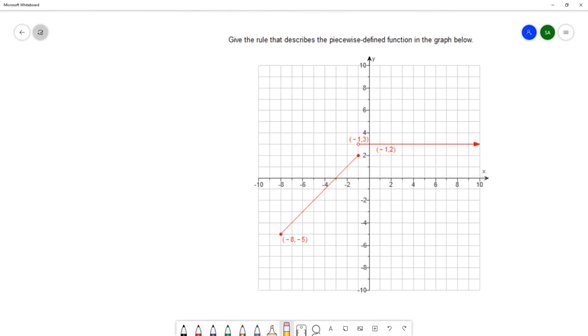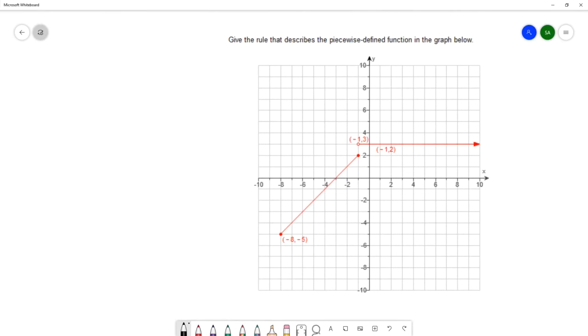On this question, we want to give the rule that describes the piecewise defined function in the graph below. So we can see that in this graph we have one line and then a second line here. So it looks like we've got two pieces of a graph that we're going to join together.